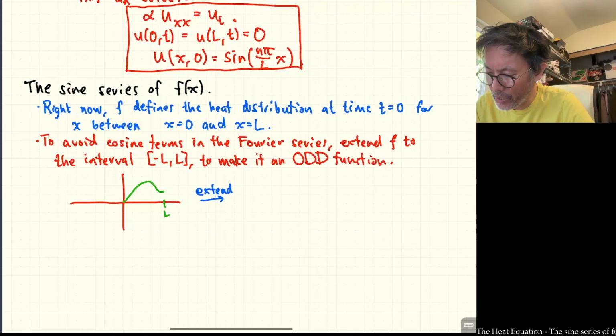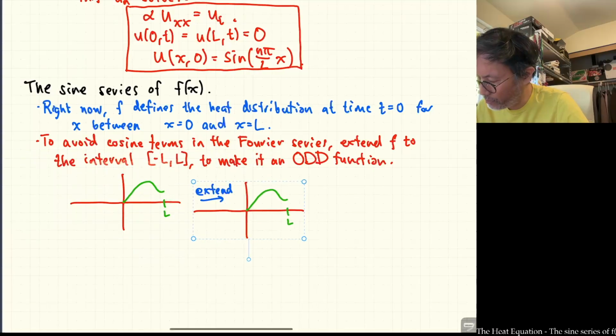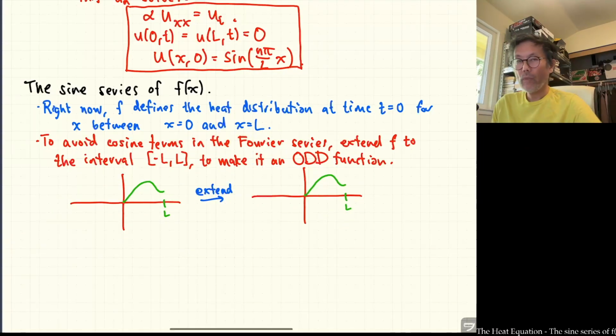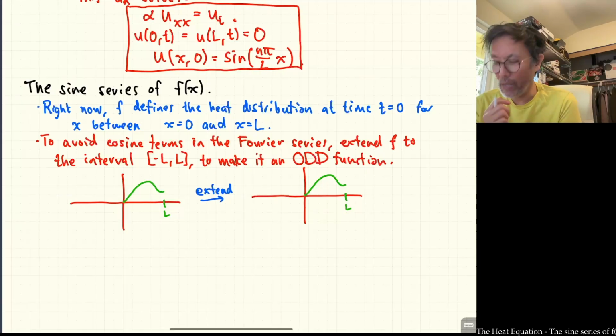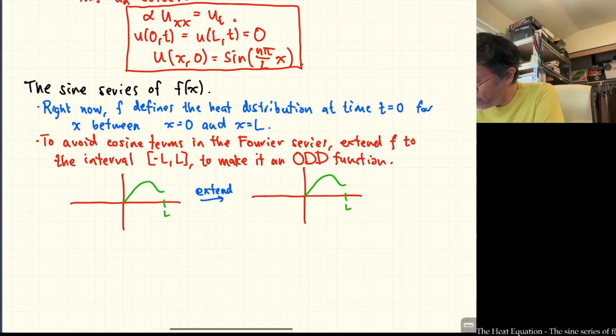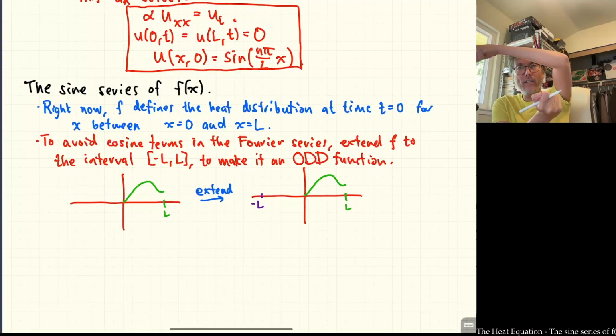So here's how I'm going to do it. Take this guy, duplicate it, move it over here. I'm going to keep the same thing from 0 to L, but I'm going to define it further from negative L to 0. Maybe negative L is over here. And I'm going to define it in such a way that it's an odd function from negative L to L. What that means is I have to take this picture and rotate it 180 degrees.